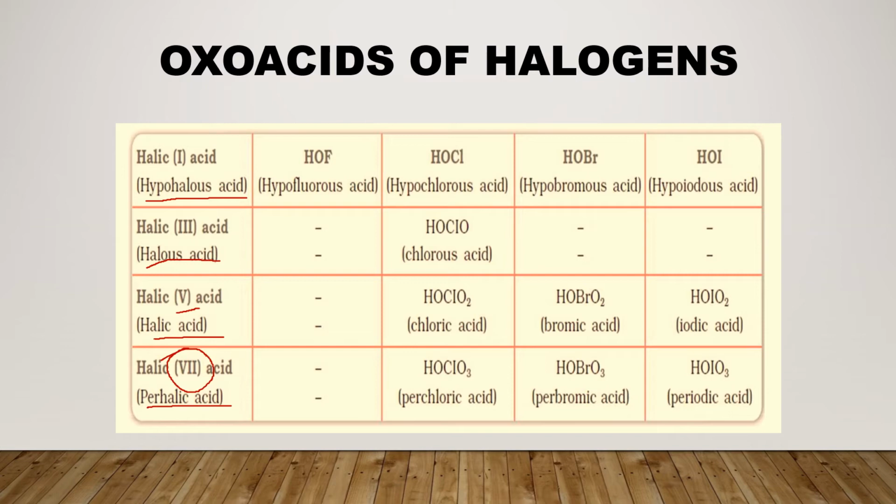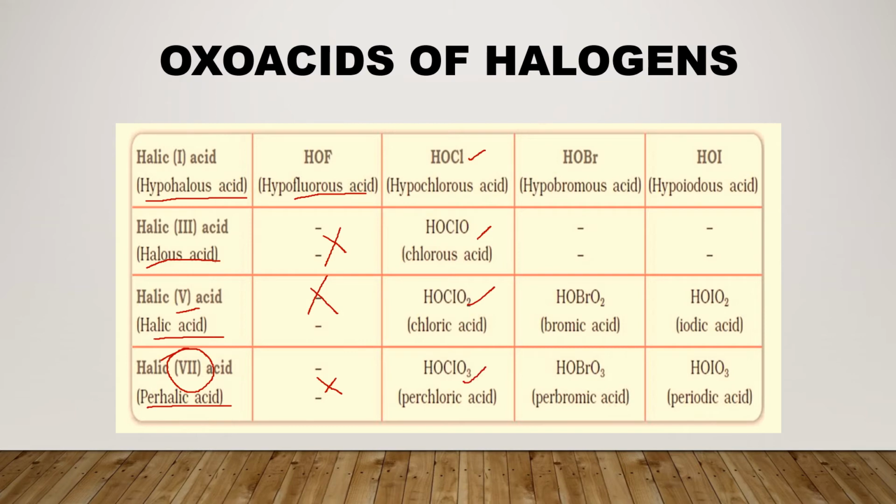As I have already told you, fluorine forms only one oxoacid, and we call that hypofluorous acid, HOF. It does not form any other oxoacid. For chlorine, there are four types of oxoacid: hypochlorous acid, chlorous acid, chloric acid, and perchloric acid.